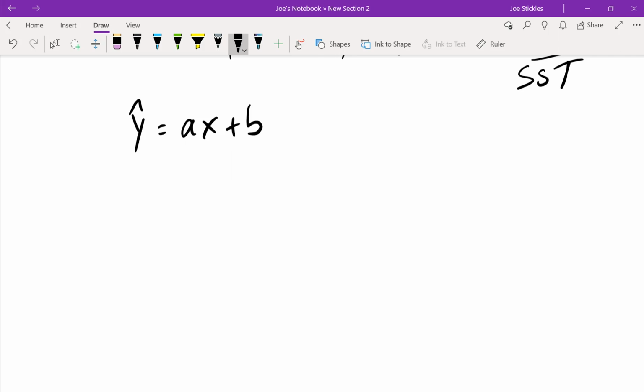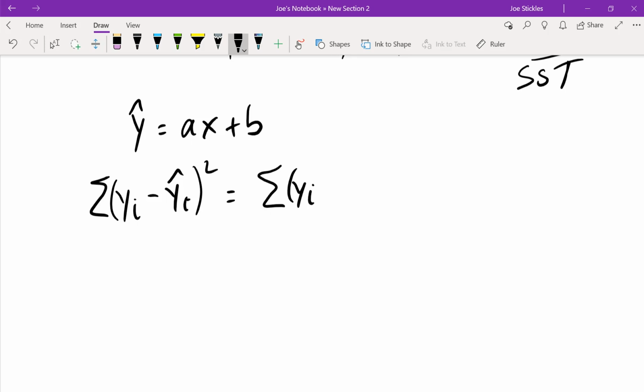And what we want to compute is the difference between the y sub i and y sub i hat, squared, which means we want to do the sum of the y sub i minus, this would be a x sub i minus b, and square it.